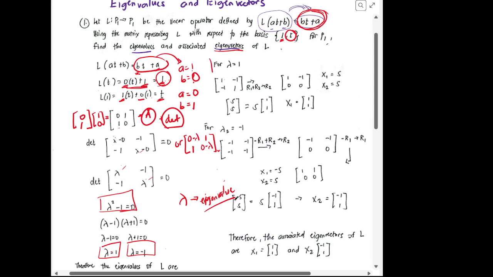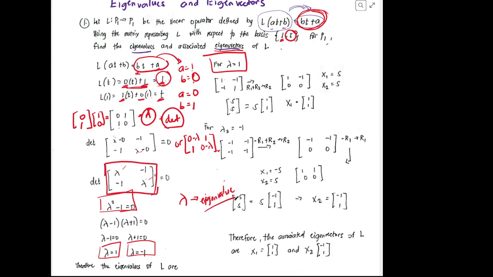Now, we will start with lambda equals 1. What we will do is simply substitute this lambda value, or the eigenvalue, into this matrix. Again, we will simply subtract it from this matrix. So we have now 1, negative 1, negative 1, 1.